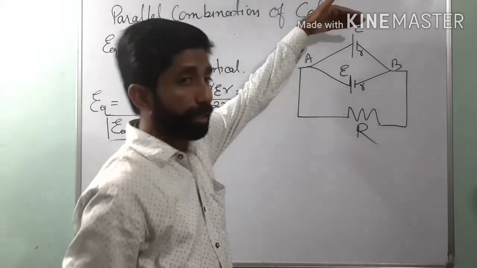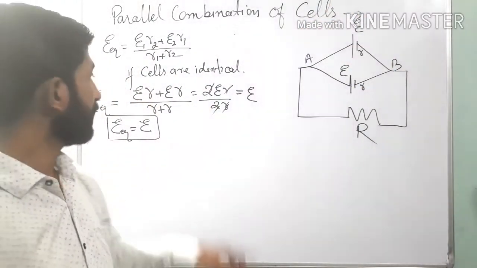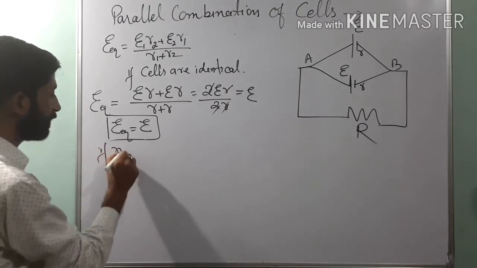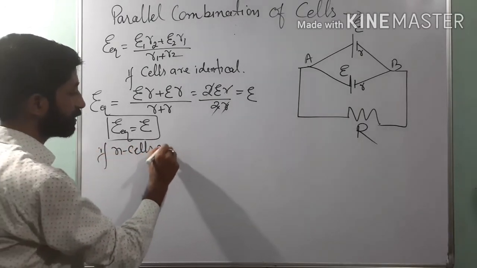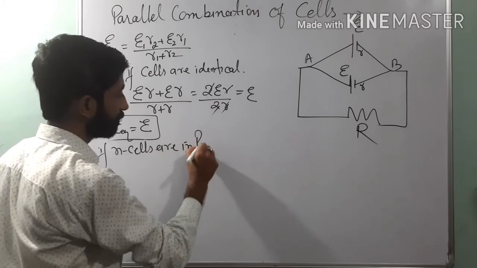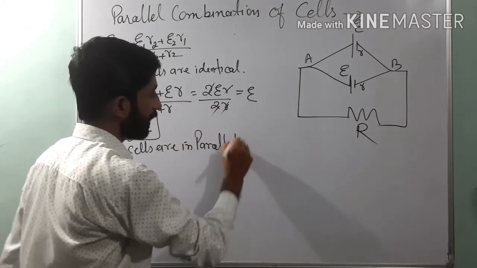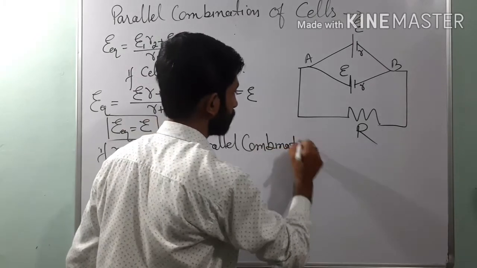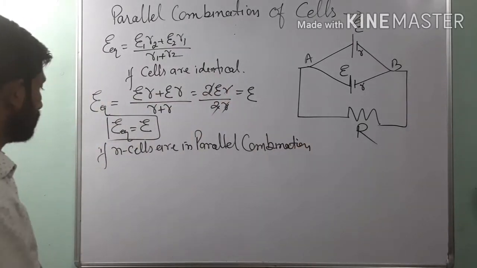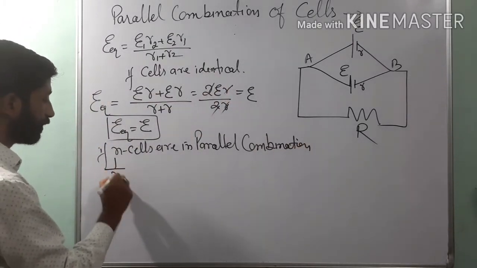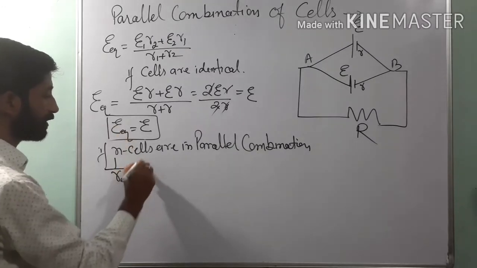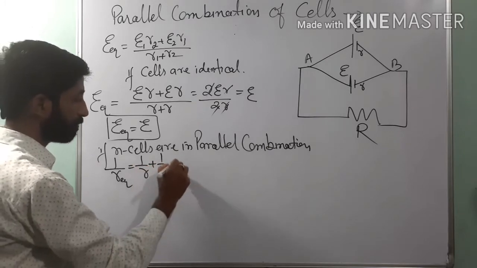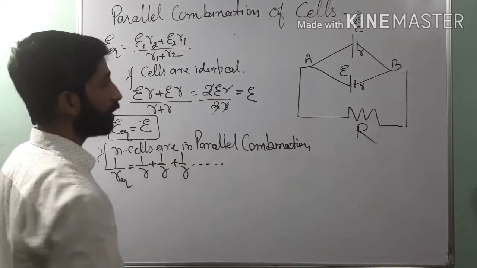Now for n number of cells connected, again the answer will be the same. But if n cells are in parallel combination, then the equivalent resistance is given by 1 over R equivalent is equal to 1 over R1, that is R, plus R, up to n terms.